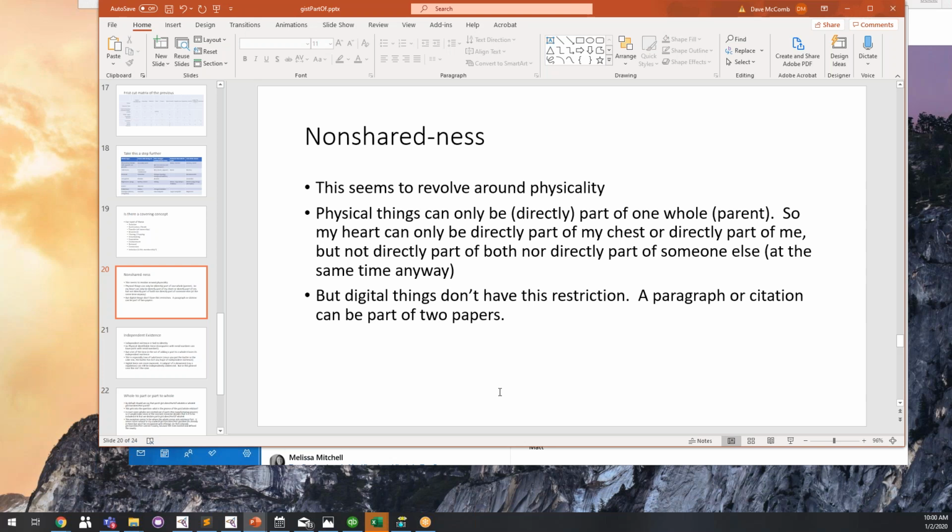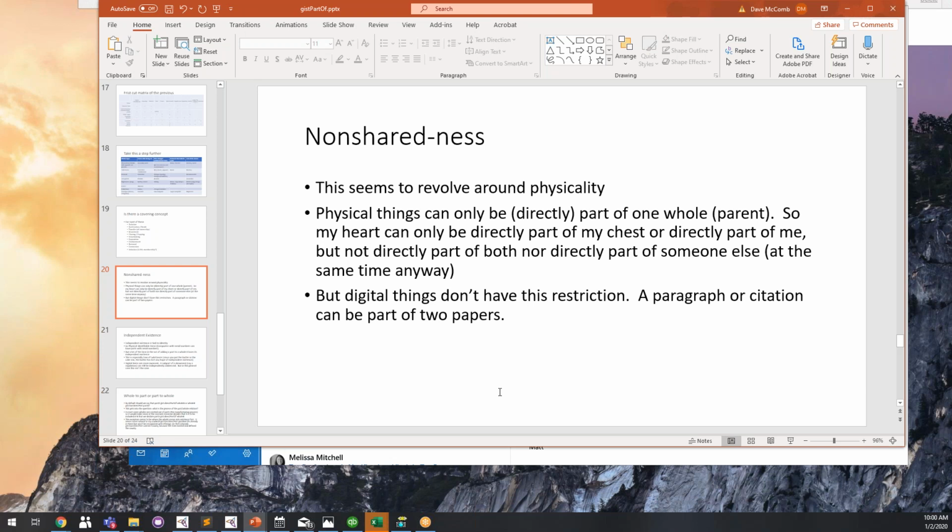Can parts be shared? And for physical things, I think it's true that things can only directly be part of one whole. So my heart can only be directly part of my chest or directly part of me. Now that question, in fact, came up in the geospatial.